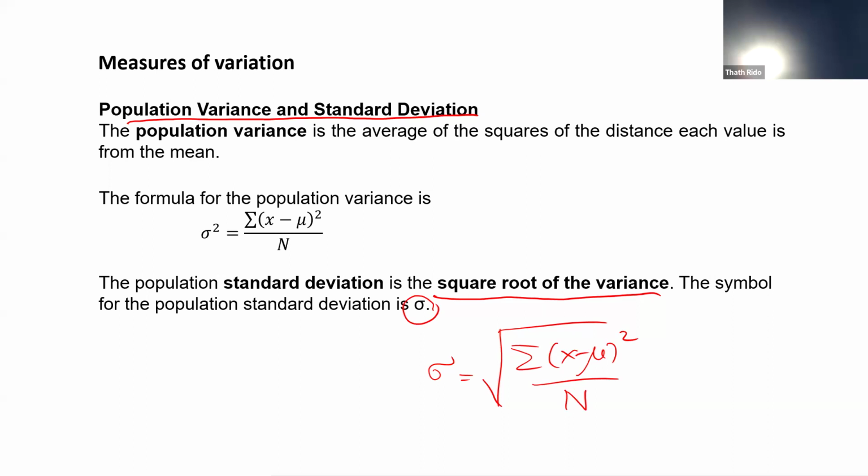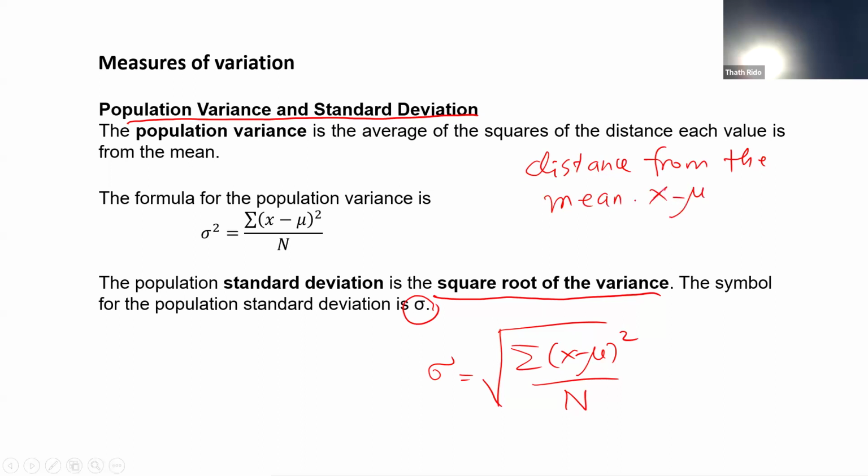The definition: variance is the average of the squared distance of each value from the mean. So this is the distance from the mean. Distance from the mean is measured by x minus mu.